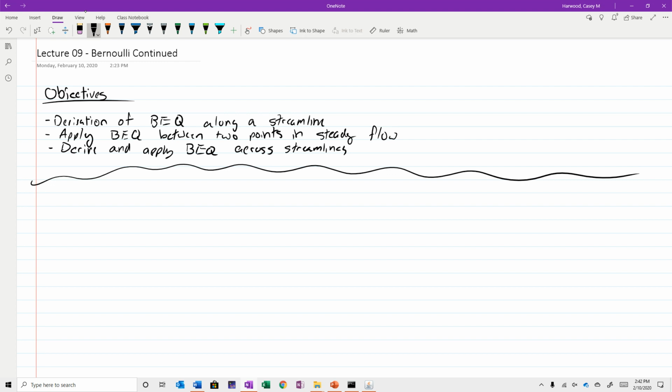So we said, all right, so we've got this idea of a streamline. We're going to set up what we call a streamwise coordinate system. Let me make this blue, where the streamwise coordinate system at a point is defined by unit vectors s and n, basically a tangent and a normal.